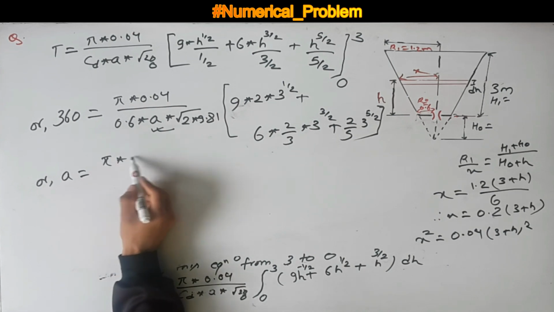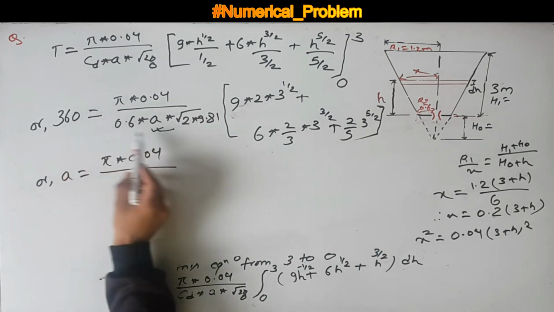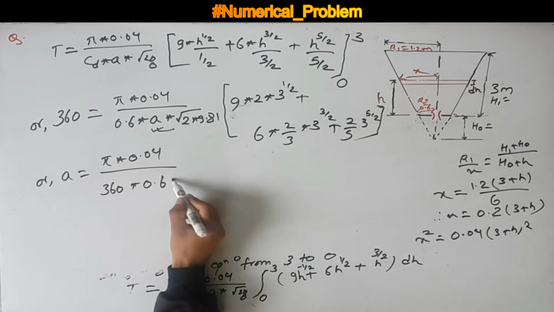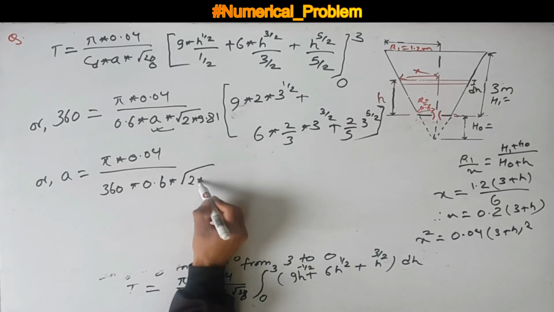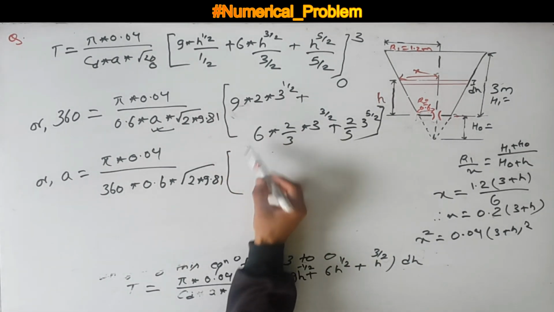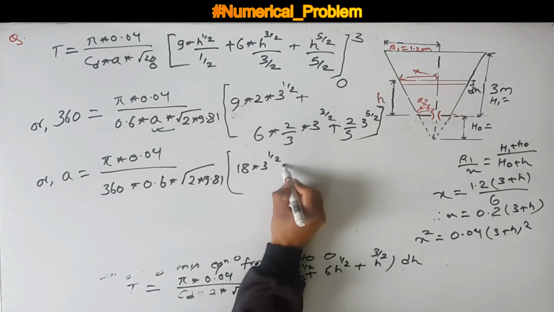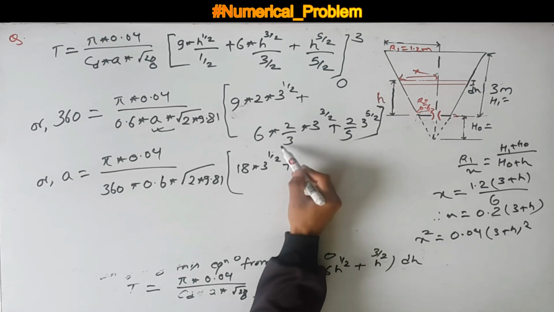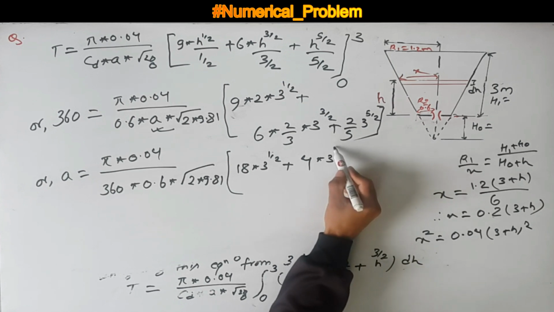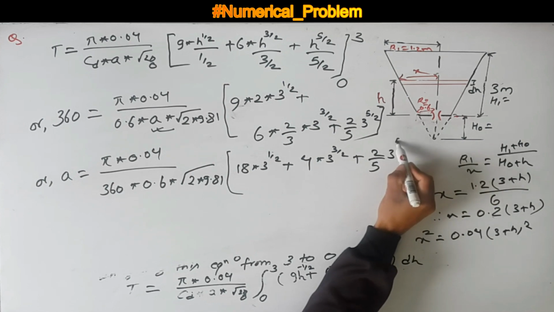This is pi into 0.04 upon, we multiply this here, 360 into 0.6 into root under 2 into 9.81, and we have remaining 9 into 2 is 18 into 3 to the power 1 by 2 plus, we can cut here 3 to the 6 and 2, into 2 is 4 into 3 to the power 3 by 2, plus 2 by 5 into 3 to the power 5 by 2.